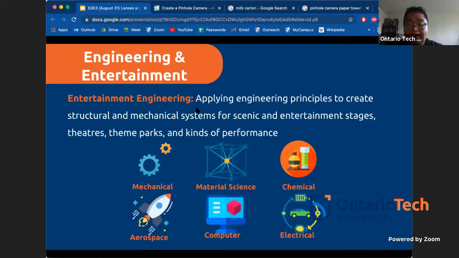A lot of different engineering fields play a role in entertainment engineering, but these are the six that I think play a bigger role: mechanical engineering, material science engineering, chemical engineering, aerospace engineering, computer engineering, and electrical engineering. We've explored some of these in the past two sessions, and we're going to explore one in greater detail today.